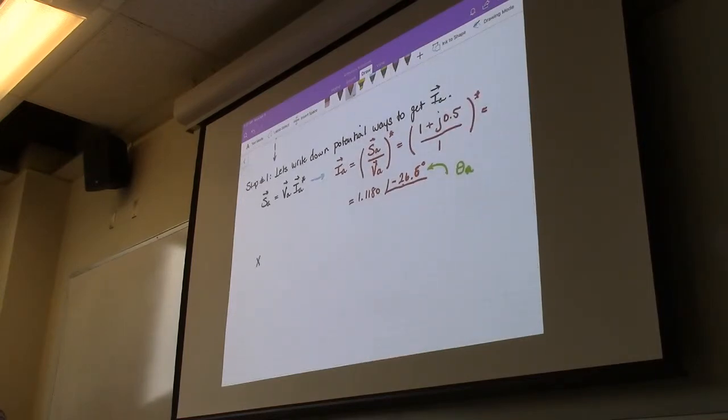So XS IA will be equal to 1.3416, and the angle will be 90 minus, I'll just go ahead and multiply them together: j times 1.2 times 1 minus j 0.5.